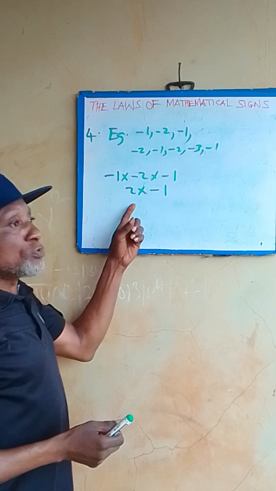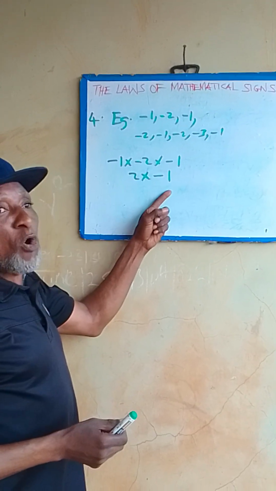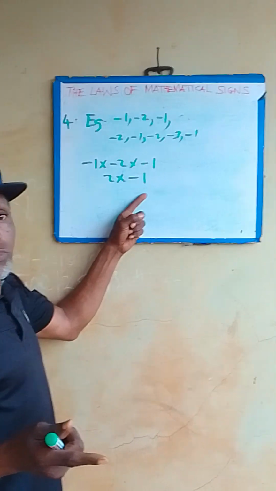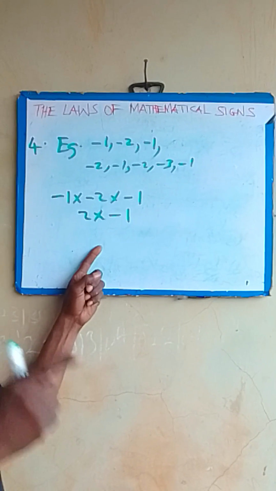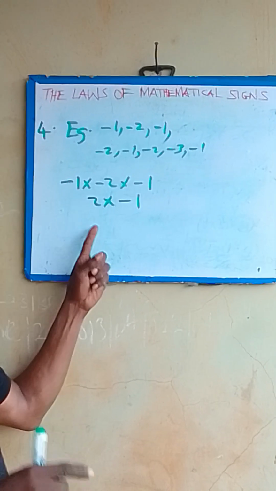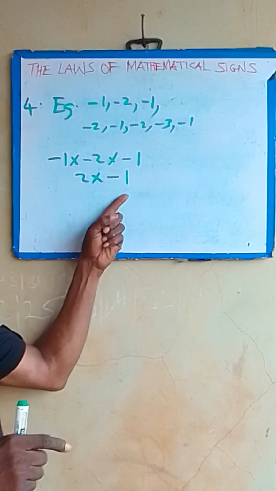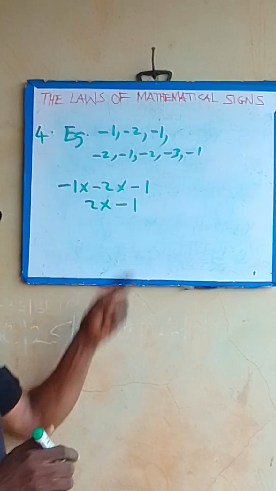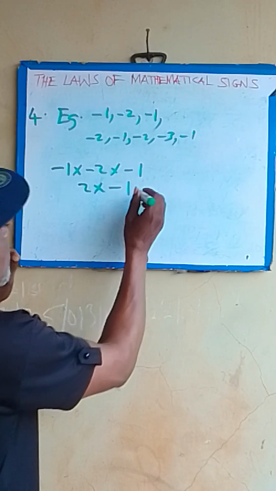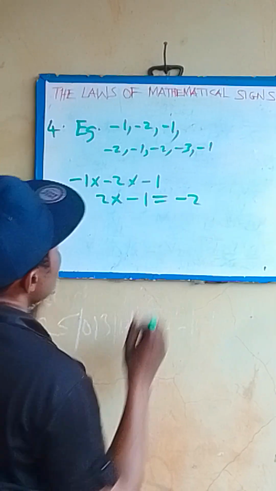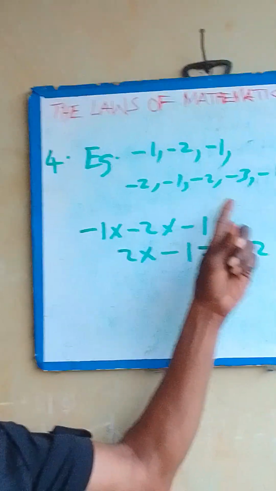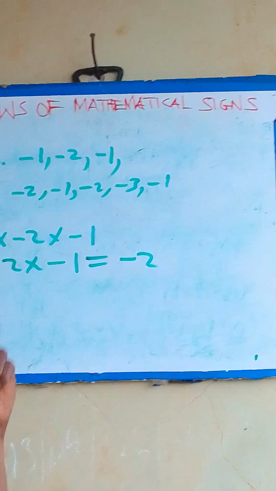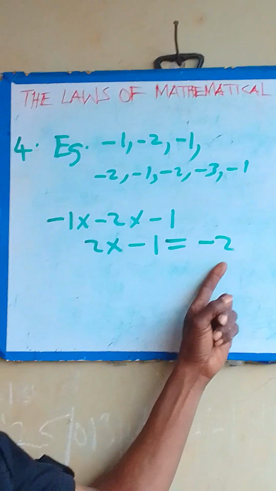And in our law, 2 times minus 1 will become minus 2, because in our law 2, we are told that plus times minus is minus. So as you can see, we have multiplied this sequence in an odd order, and we now result in having minus 2.